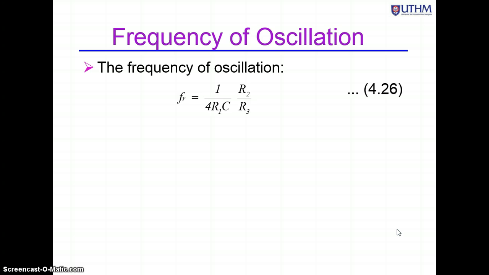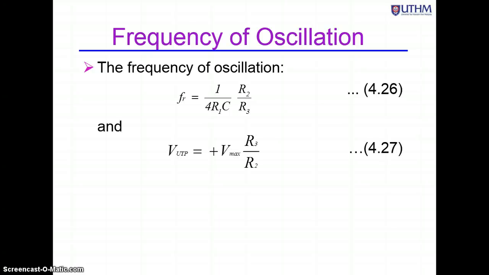The frequency of oscillation for that triangular oscillator, Fr, is 1 over 4 R1C multiplied by R2 over R3. How do I get this? I think I don't have to show it, but it uses the similar principle of capacitor charging and discharging.